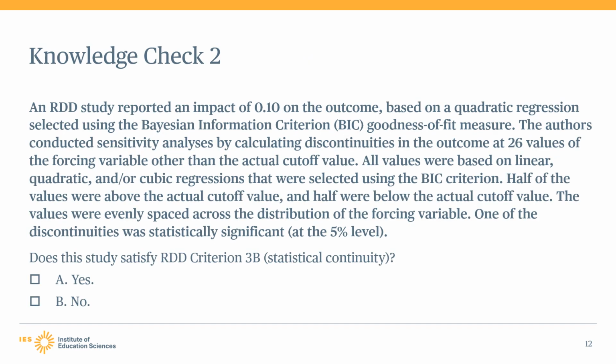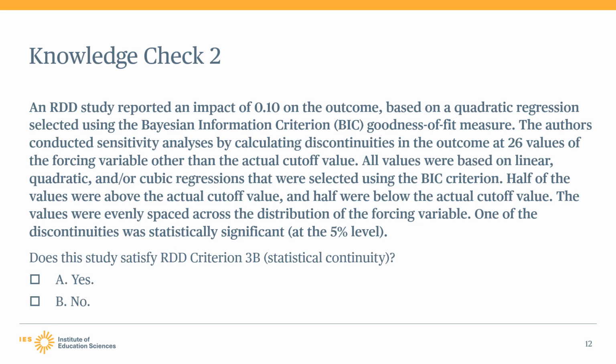Knowledge check 2. A regression discontinuity study reported an impact on the outcome of 0.10 based on a quadratic regression selected using the Bayesian Information Criterion, BIC, goodness of fit measure.